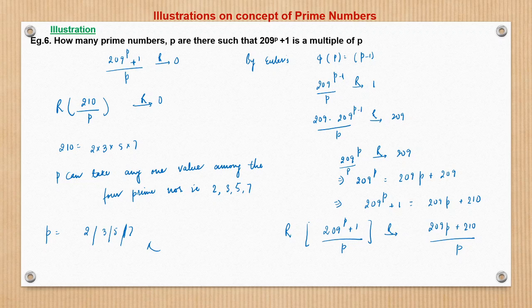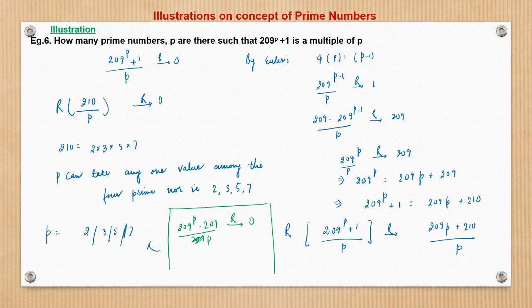So basically what we did by Euler's, we know that phi of p is p minus 1, or directly we can say by Fermat's little theorem, that 209 raised to power p minus 209 is perfectly divisible by p. I just showed that in a different ink. So 209 raised to power p minus 209, remainder is 0.